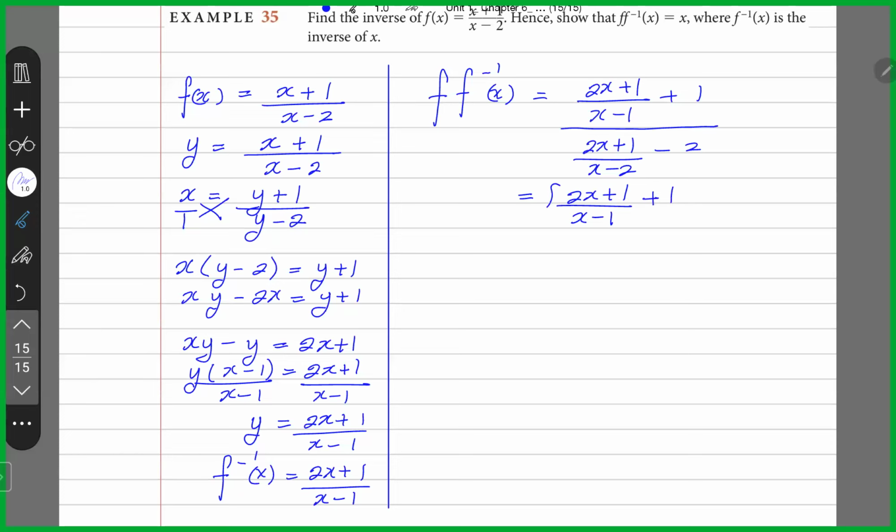So this is the numerator, divide by the denominator, minus 2. Let's make the numerator into one fraction. We have 2x plus 1 plus x minus 1. Divide by, let's make the denominator into one fraction.